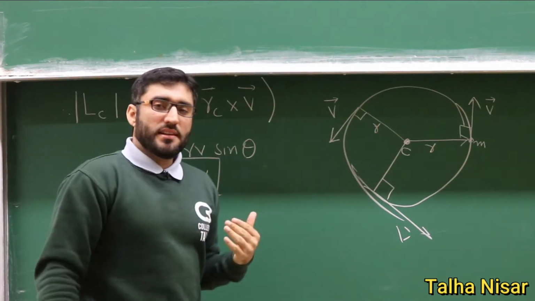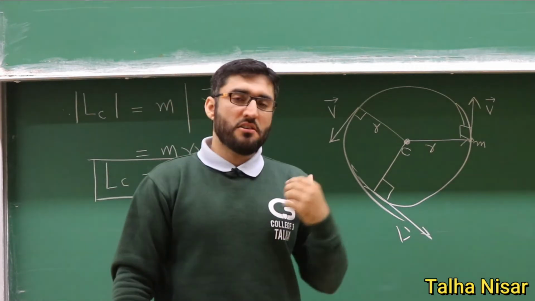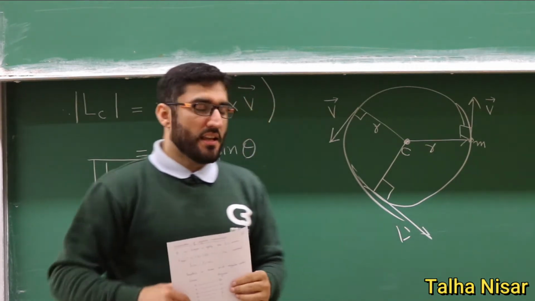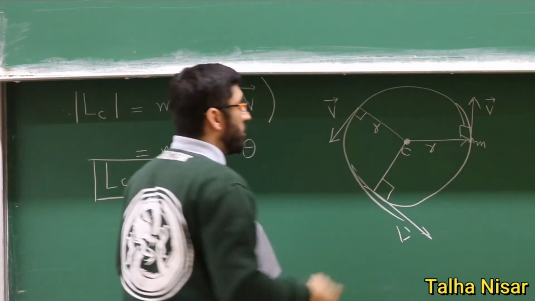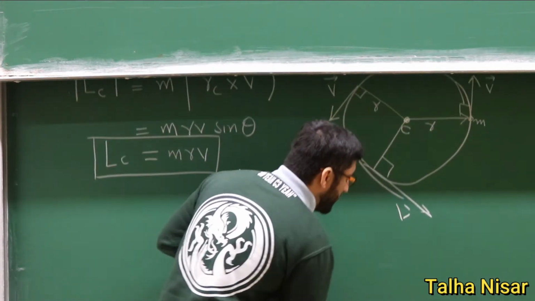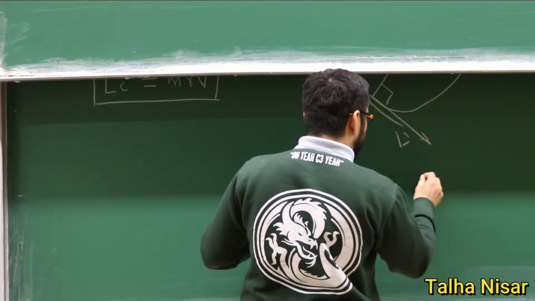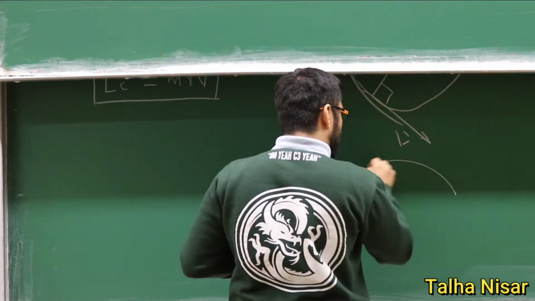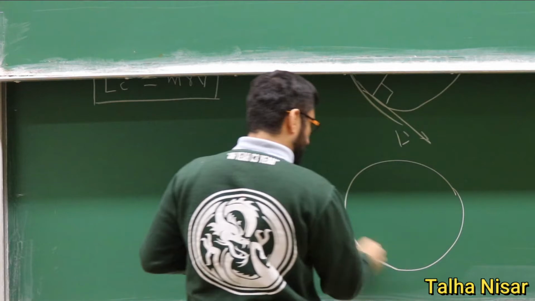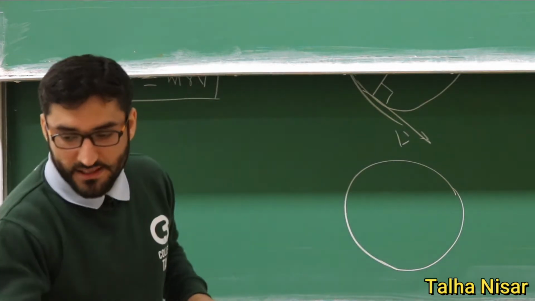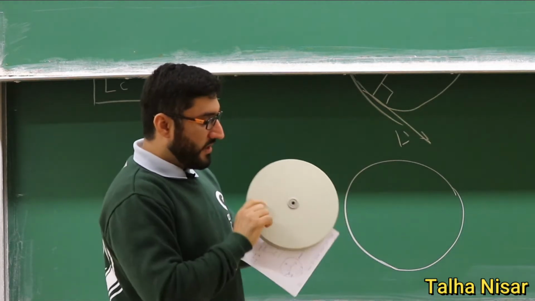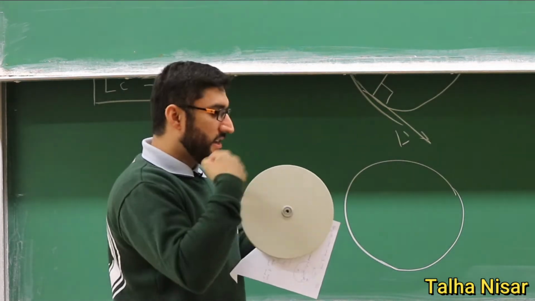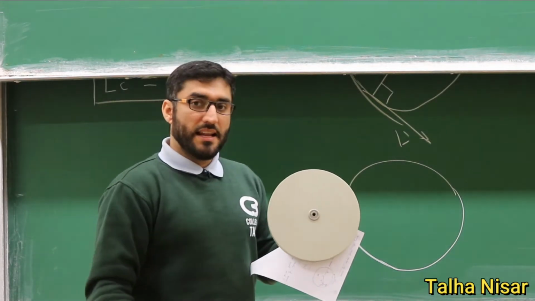And now we want to discuss the angular momentum of a spinning disk. Disk means a complete solid object. For example, we have a spinning disk. A disk is something like this. So we want to know, if it's spinning like this, what will be the angular momentum?